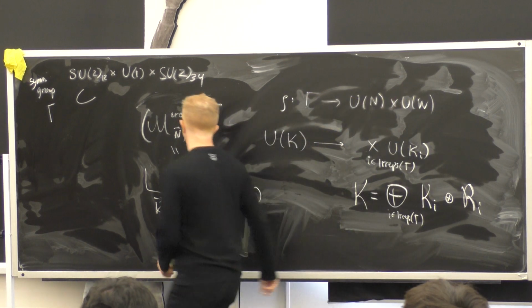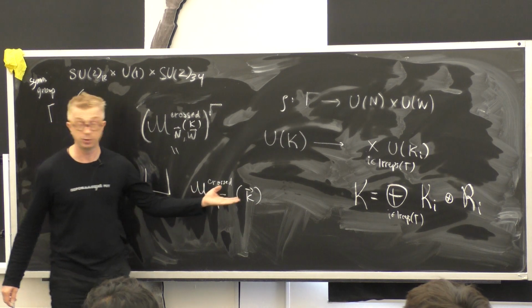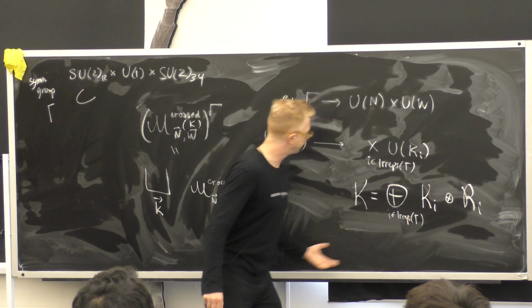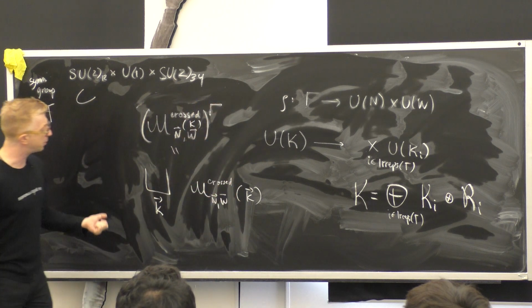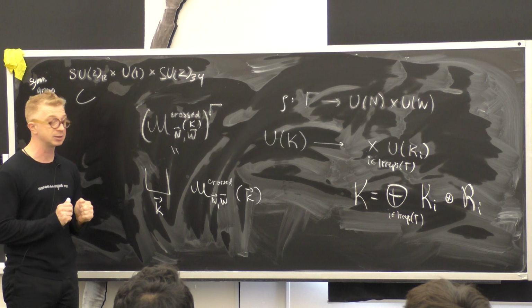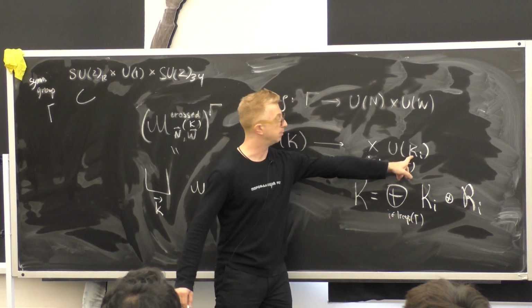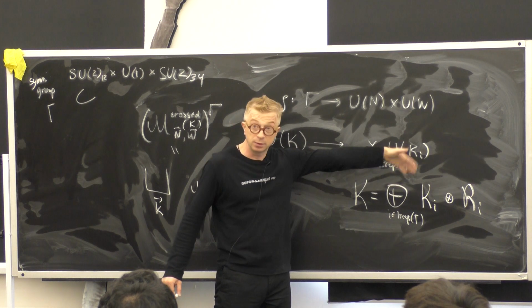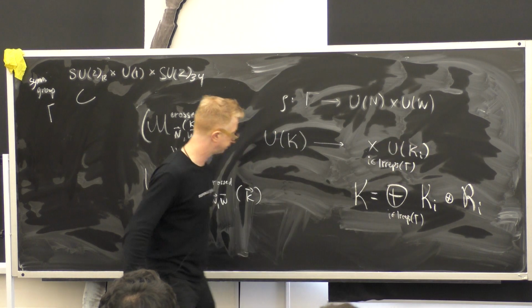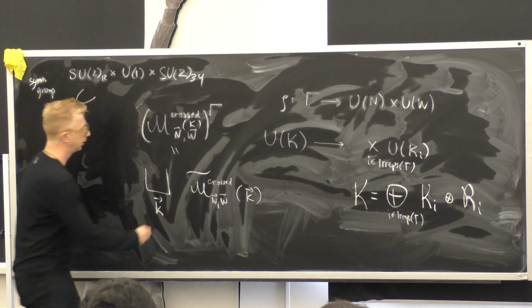And now you may change the stability conditions. When you write the real moment map equations, you can change the corresponding levels for different irreps, because the center of the reduced group is now much bigger. And so that's what I mean by the deformation.